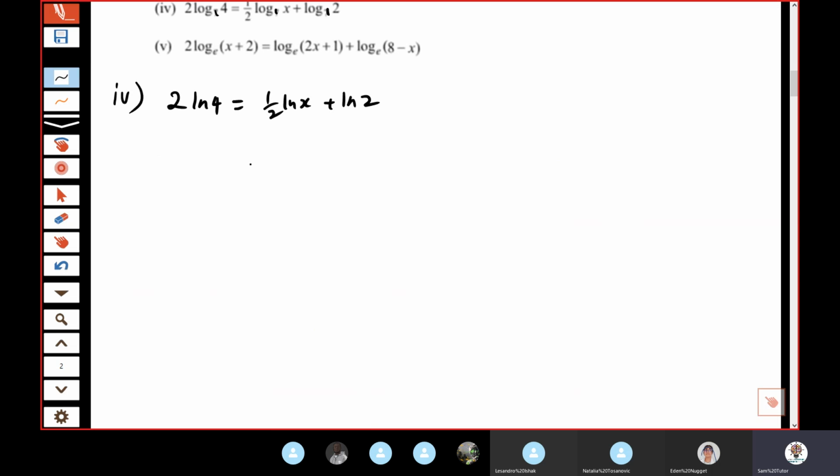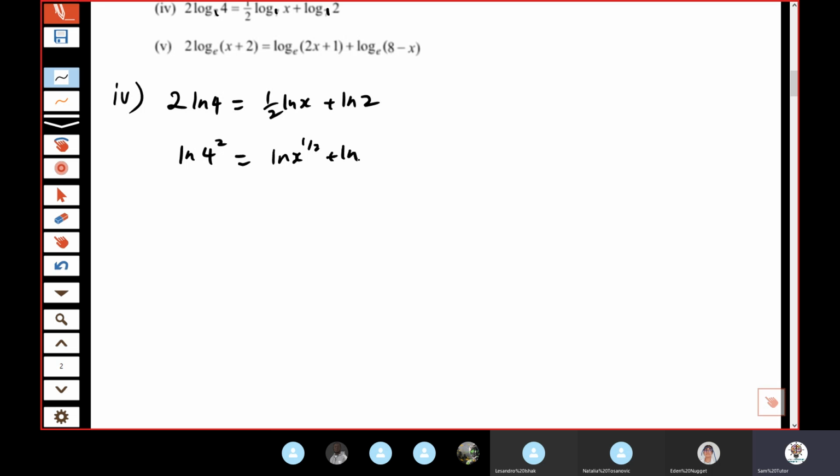Okay, at this stage, we know what we want: a log equal to a log. So we're going to bring this 2 up. To be able to combine these two, they need to both have the same number in front of them. Because this has a half, and that has a 1, I also have to bring the half up.